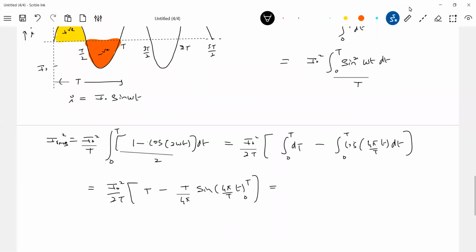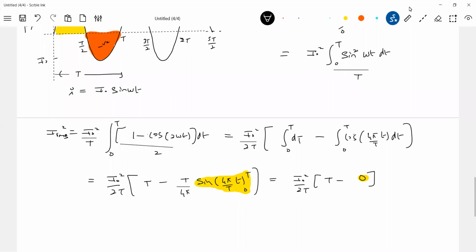This quantity will be 0, so we will be left with only I naught square by 2T times T, minus 0, after substituting the lower and upper limits. So what is the value of I RMS square?